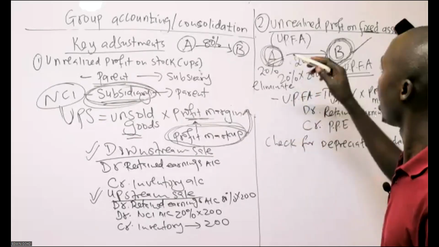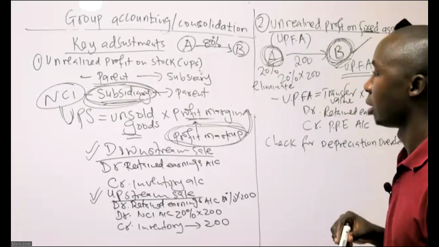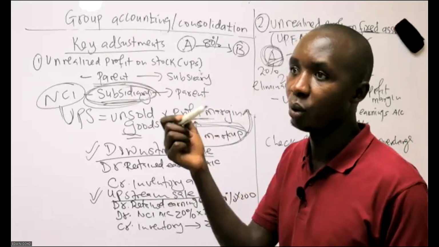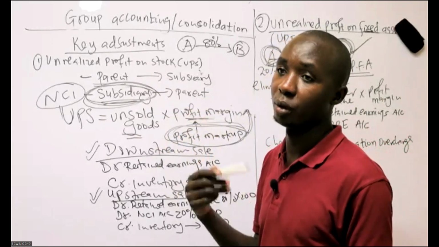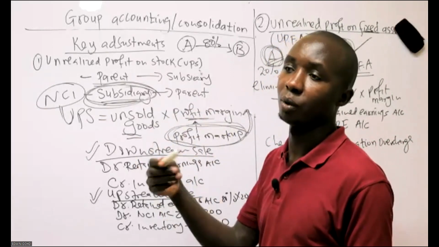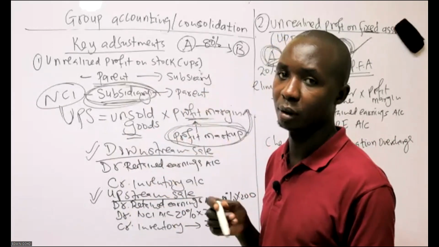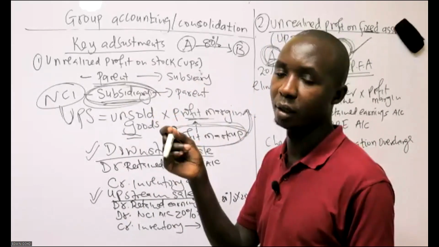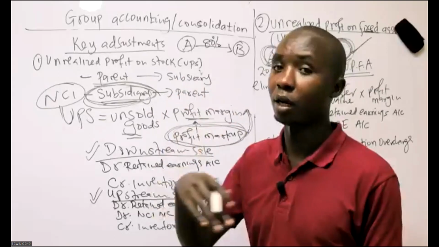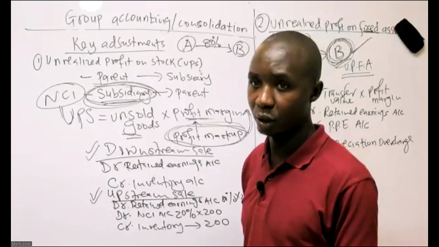Remember that once the asset was sold from A to B at 200, A making a profit of 20, they will go ahead to say that the group charged depreciation at, let's say, 20%, or the remaining life of the asset was 5 years. So once you see, at the end of the statement, maybe a percentage given, that is for the depreciation. They will say that the group charged depreciation at 20%, or you are given the remaining useful life. Automatically, you have to think that you are supposed to do depreciation.